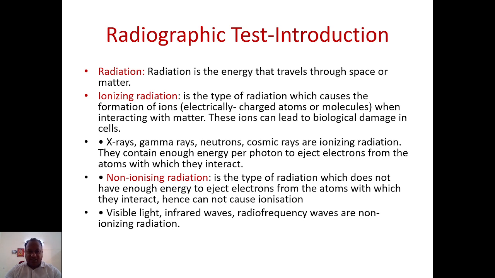In that, ionization is the formation of ions, that is, charged atoms or molecules, when interacting with matter. This can cause biological damage to the cells. Radiation includes X-rays, gamma rays, neutrons, cosmic rays and so on, but in this subject we concentrate on X-rays and gamma rays, which interact with the electrons of atoms and molecules.